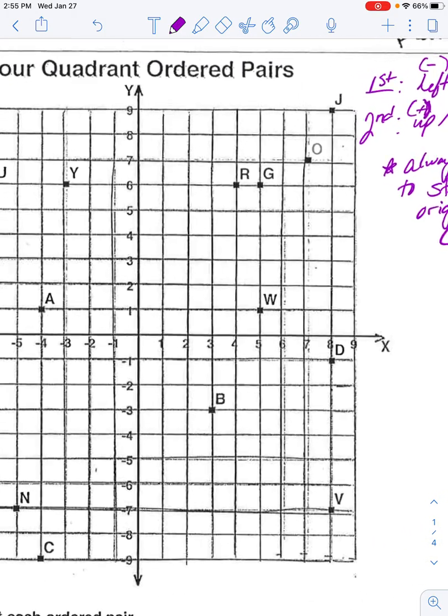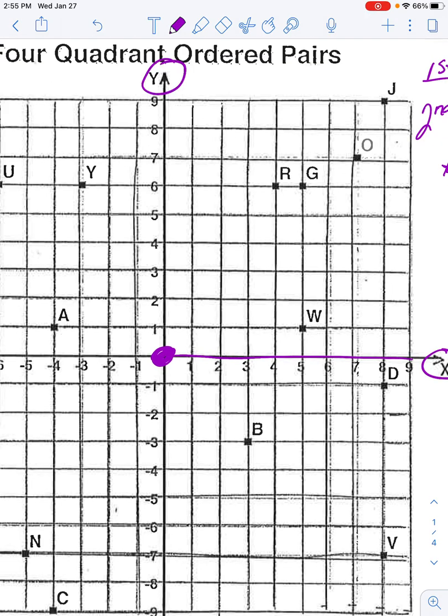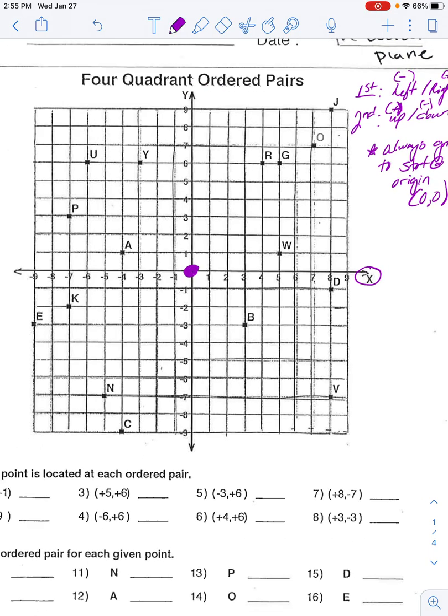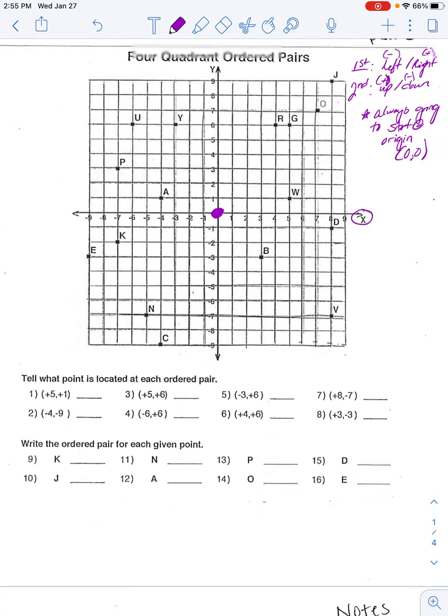If I zoom in right where these two lines intersect, the x-axis and the y-axis, that's the origin. That's home base. So we're always going to start at the home base. I'm going to keep it purple so we always know where we're starting.